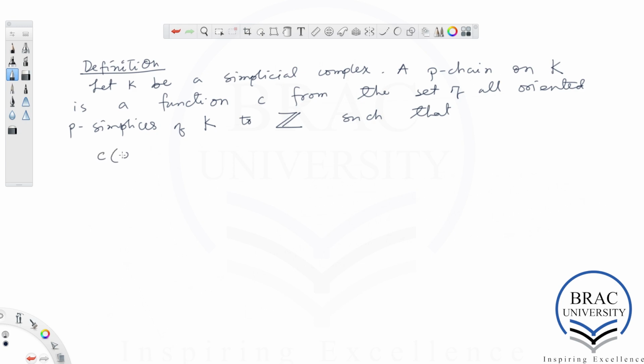C of sigma is equal to minus C of sigma prime, where sigma and sigma prime represent the same simplex with opposite orientation.